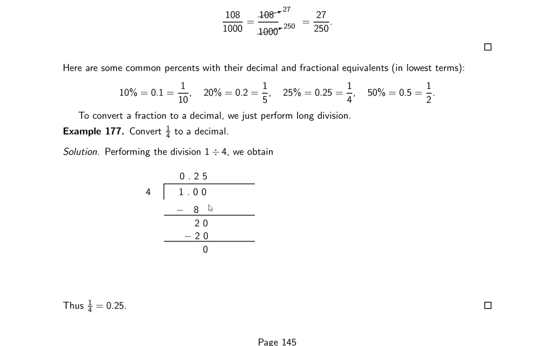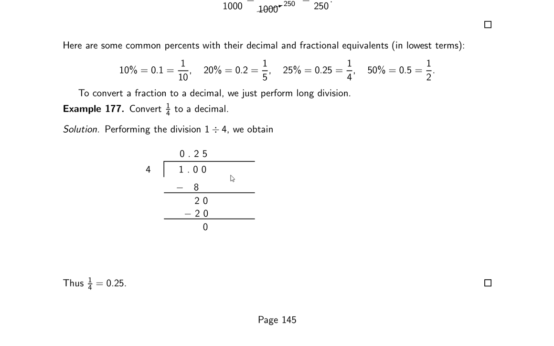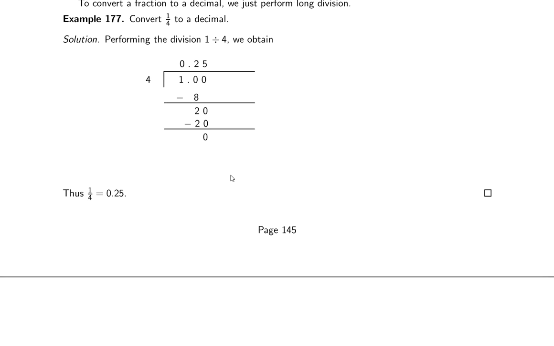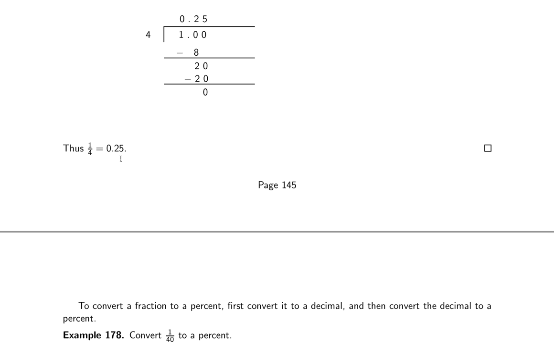Subtract, bring down the 0. 4 goes into 20 5 times evenly. So 1/4 is 0.25. And that's 25%.